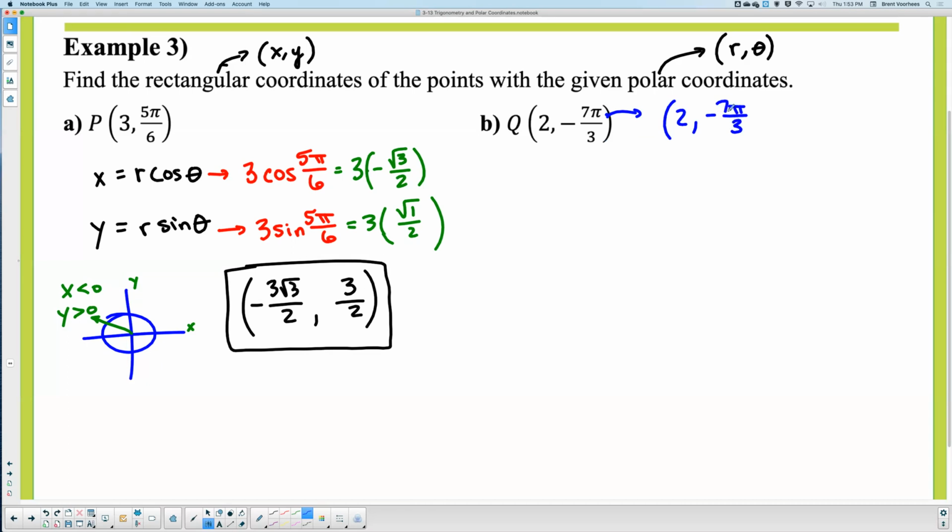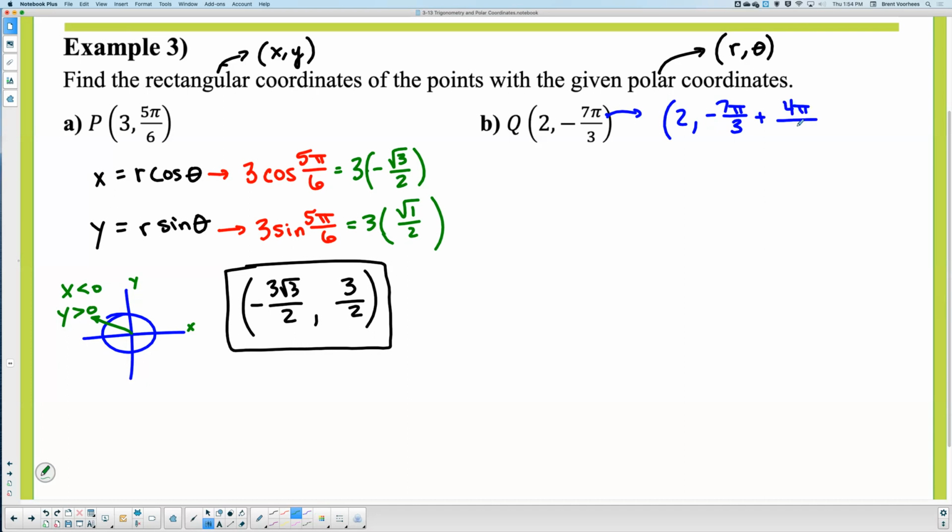If you were going to give it to me as a rounded decimal, what is negative 7 over 3 approximately? Negative 2.3. So how many pi's should we add to get to a positive amount? 2. With negative 2.3, we need to add, let's add 4 pi. So if I want to add 4 pi, let's get a common denominator.